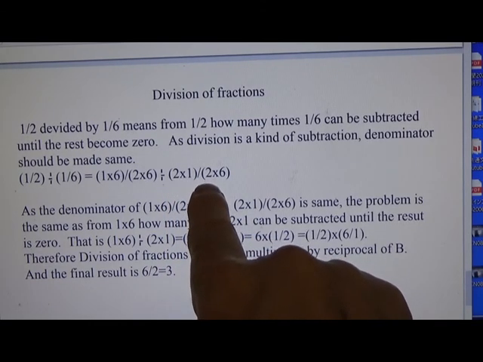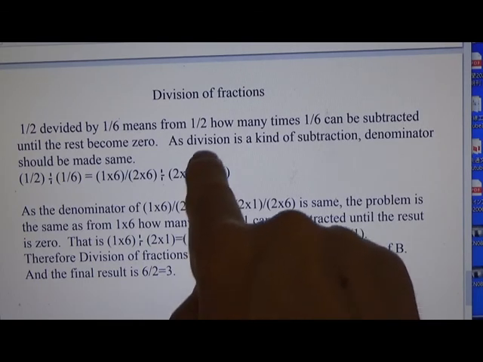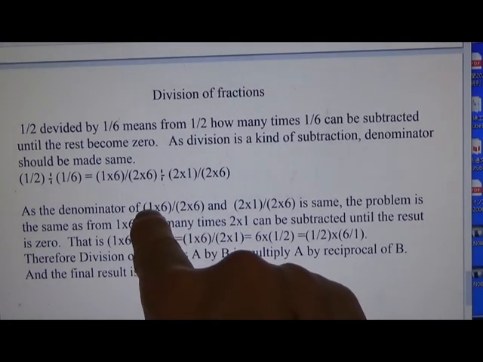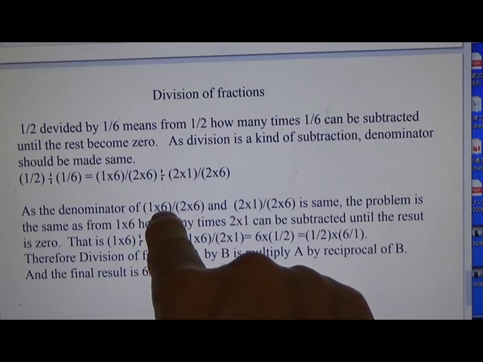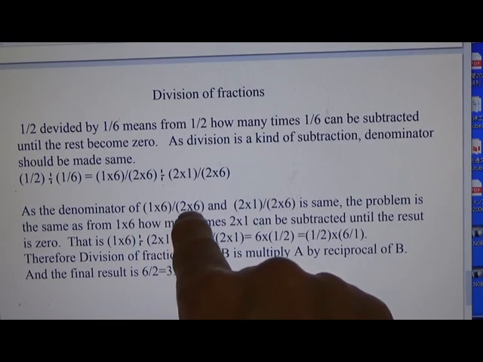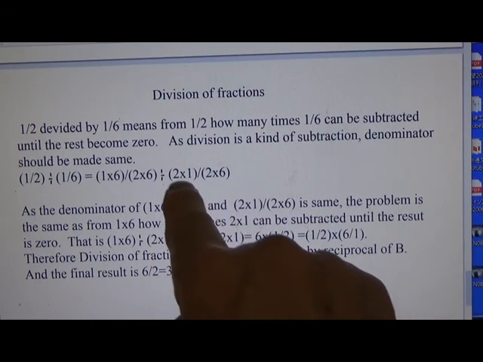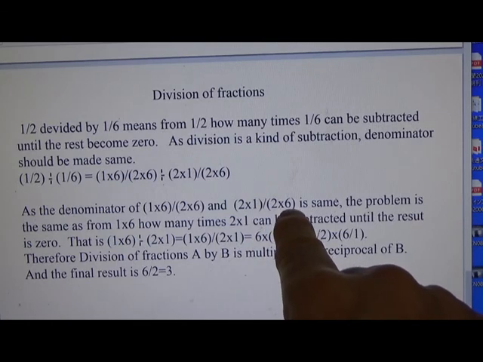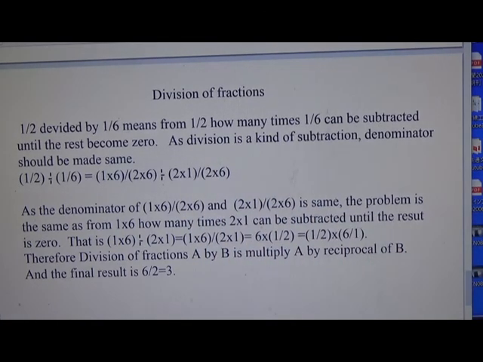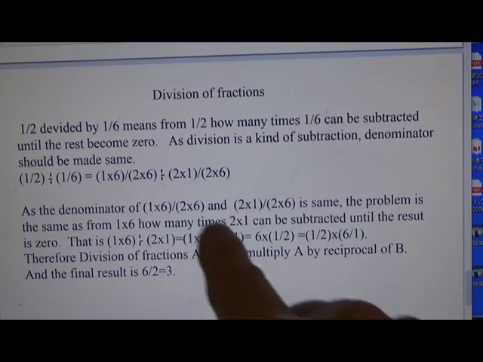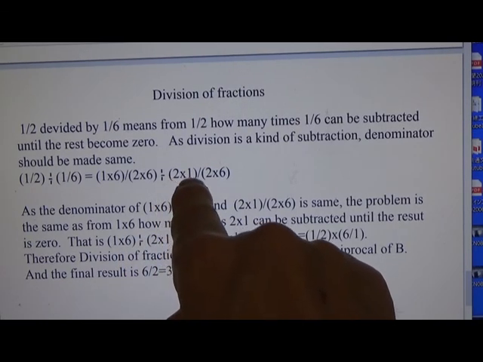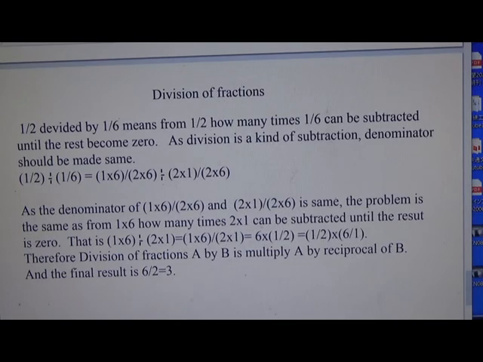The problem is the same as from 1 multiplied by 6, how many times 2 multiplied by 1 can be subtracted until the rest is 0.